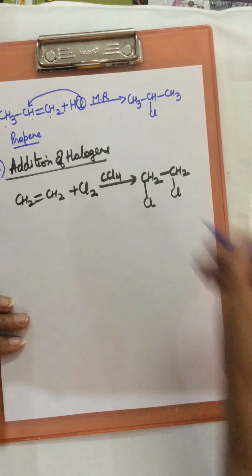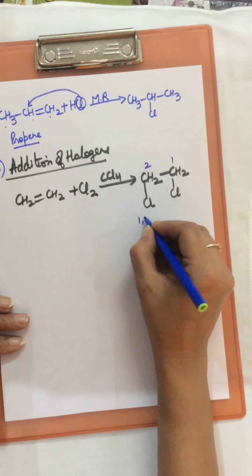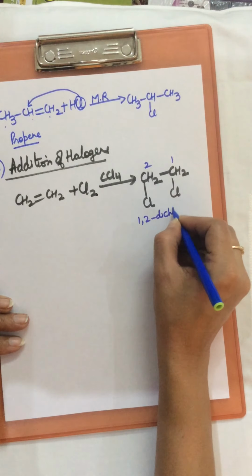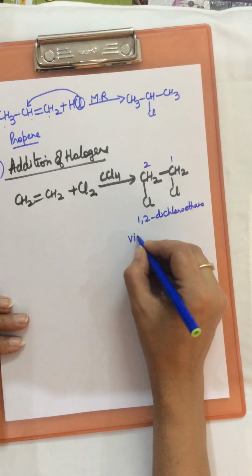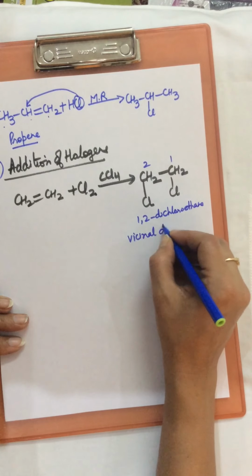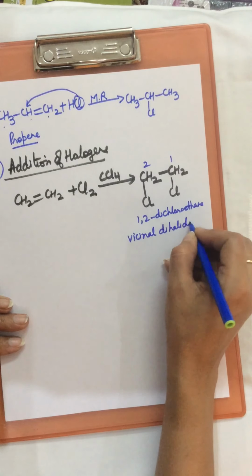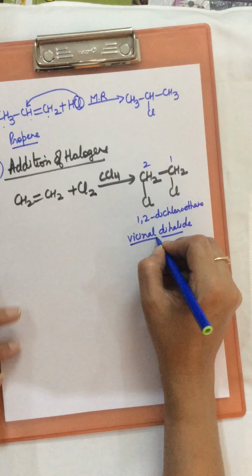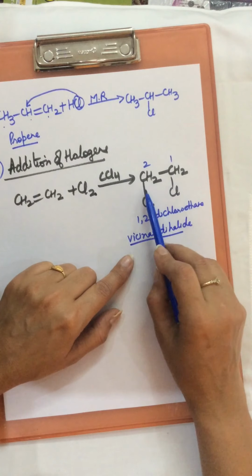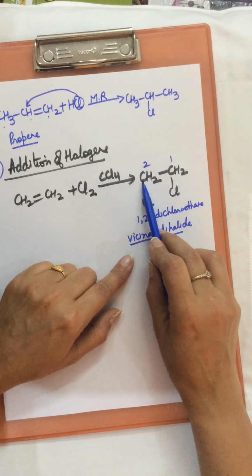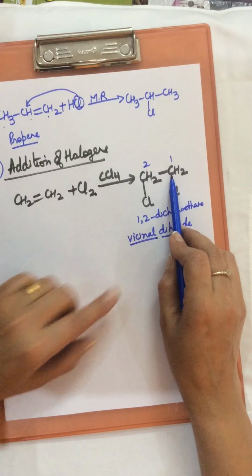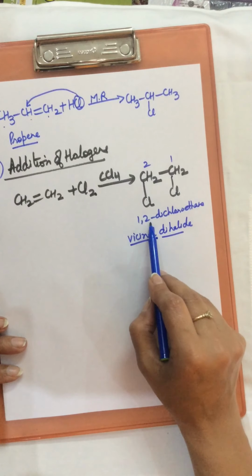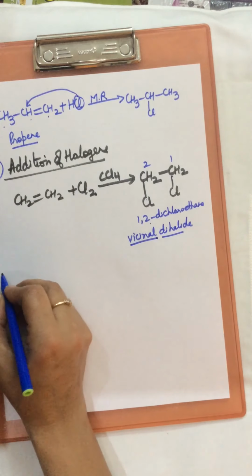This product is 1,2-dichloroethane. A vicinal dihalide will form. What is vicinal? Vicinal dihalide means the halogen atoms are linking with adjacent carbon atoms. If halogen atoms link with adjacent carbon atoms, that halide is known as vicinal dihalide.